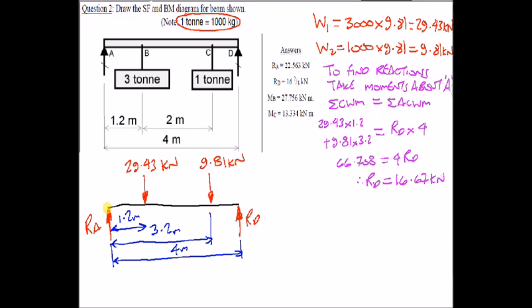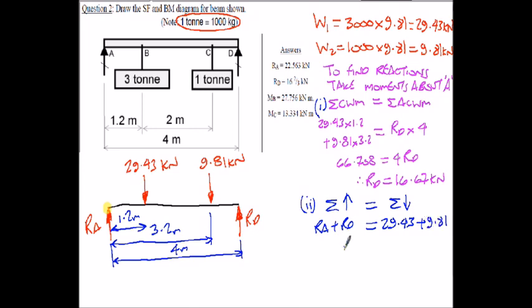And then to find RA, we summate vertical forces. So that was step 1. Step 2, sum vertical forces. So the upwards forces equal the summation of downward forces. So up in this case we'll have RA plus RD, and downwards we will have 29.43 plus the 9.81.